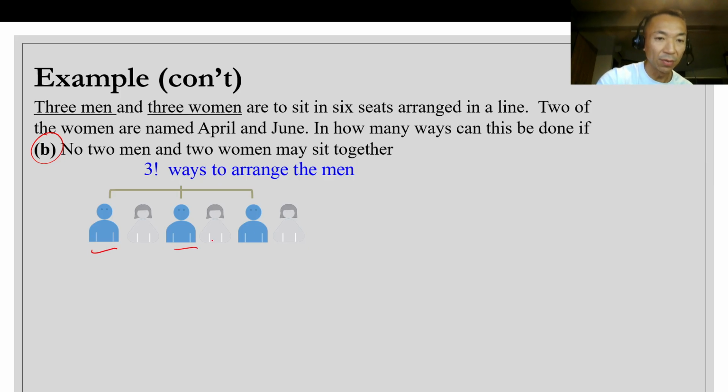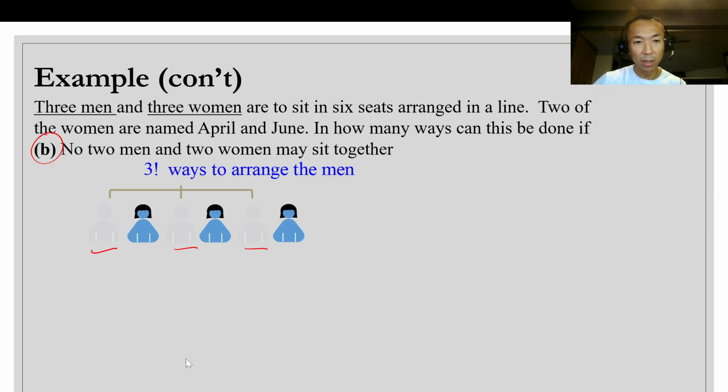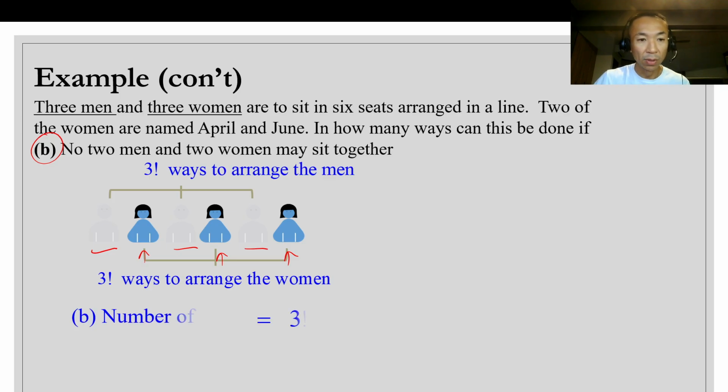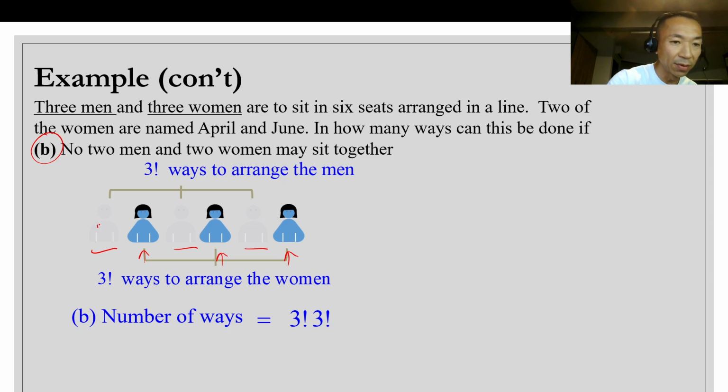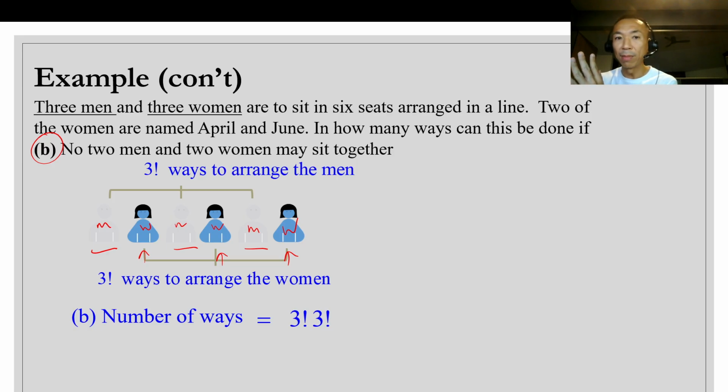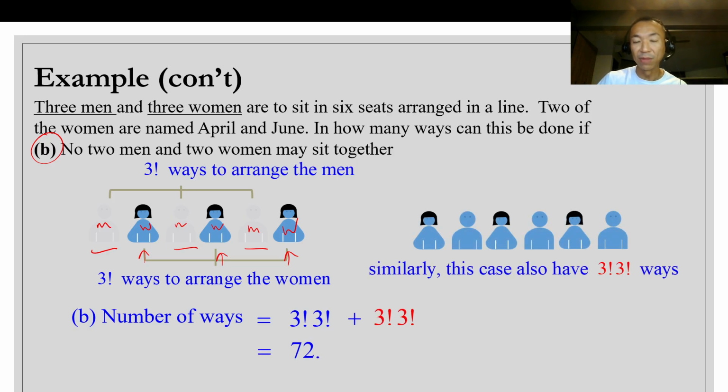Similarly, for the 3 slots for the women, it must also be 3 factorial ways. So quite clearly, to have man, woman, man, woman, man, woman like that, it must be 3 factorial ways.